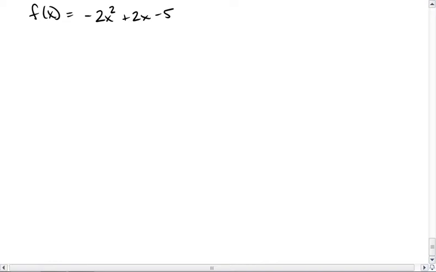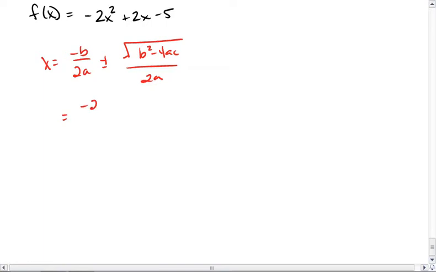Using the quadratic equation, I get negative 2 over 2 times negative 2 plus or minus root 4 minus 4 times 2 times 5, which will be 40, all over 2 times negative 2, which is a negative 4.